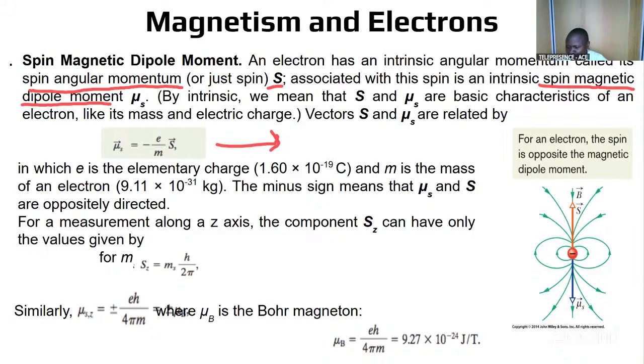M is the mass of the electron, whose magnitude is 9.11 times 10 raised to minus 31 kilograms. The minus sign means that the spin angular momentum and spin magnetic dipole moment are oppositely directed. That is, if one points upward, the other points downward.